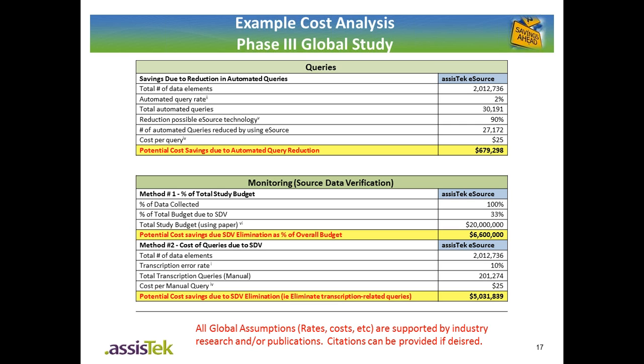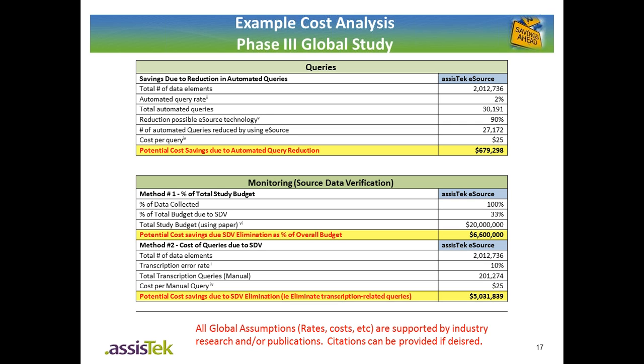Method number two is to just look at the cost of the queries due to the SDV. During SDV, they're verifying that the data is correct, that the transcription doesn't include errors. During our research, we discovered that the transcription error rate is about 10%. So during this whole SDV process, the assumption can be made that on 2 million different data elements, they're going to probably discover 200,000 transcription errors.